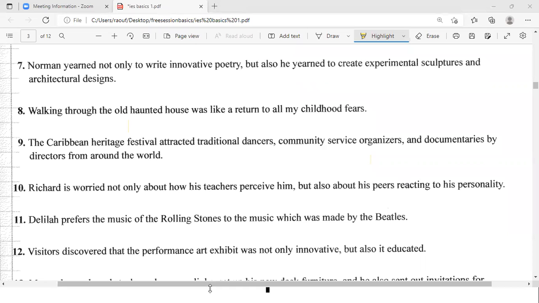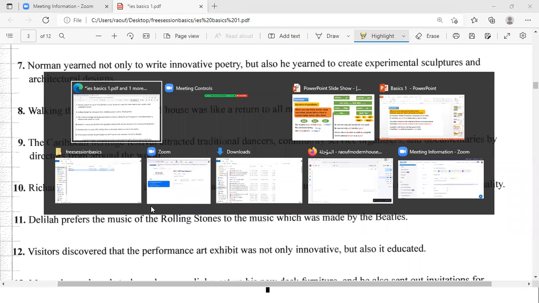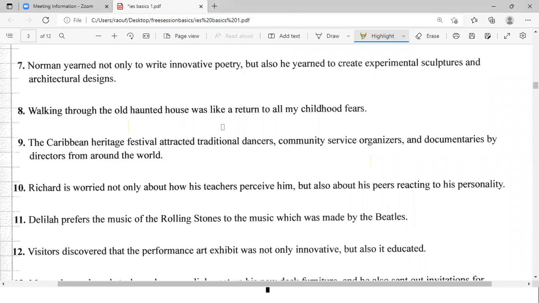Let me tell you what the answer should be like. The answer is: Norman yearned not only to write innovative poetry, but also to create experimental sculptures.